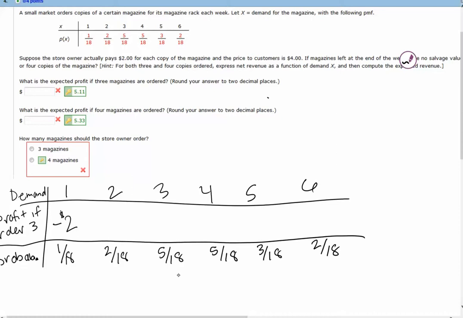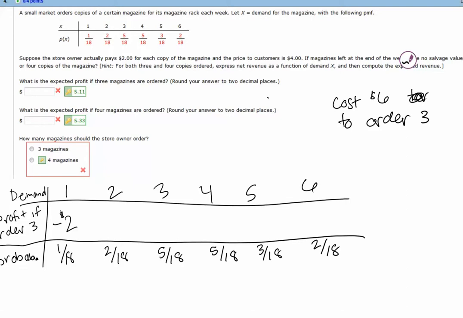At ordering 3, it will always cost him $6 to order 3. If people buy 2 magazines, then he got $8, so his profit is $2. If they buy 3 magazines, he gets $12, so his actual profit is $6.